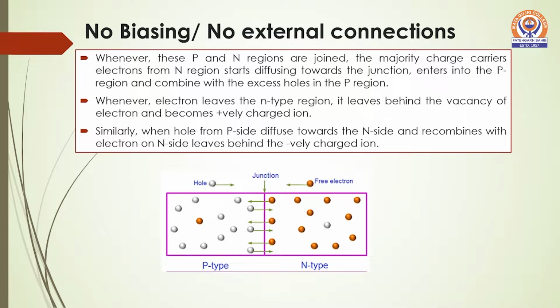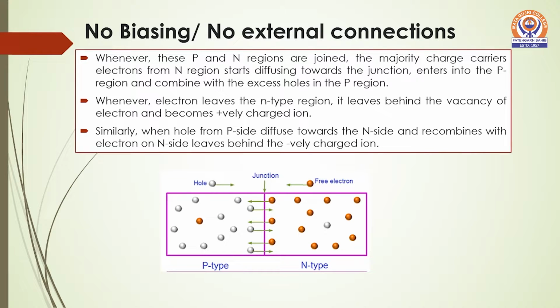No biasing. It is the condition when no external battery is connected. In this situation, when P and N regions are joined, the majority charge carriers, electrons from the N region, start diffusion towards the junction, enter into the P region and combine with the holes of the P region.